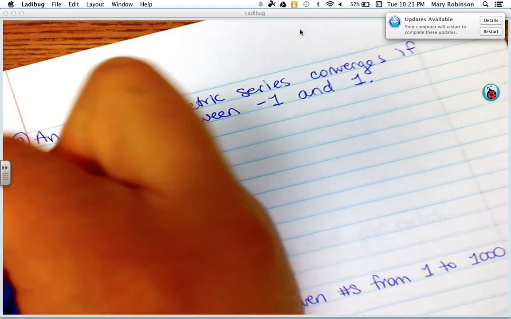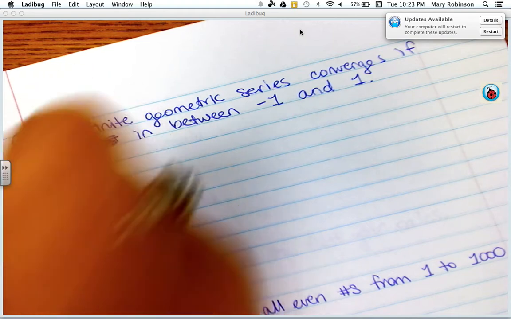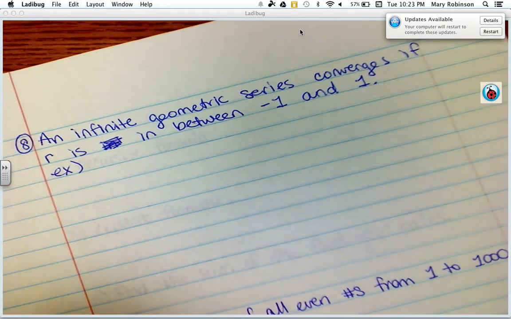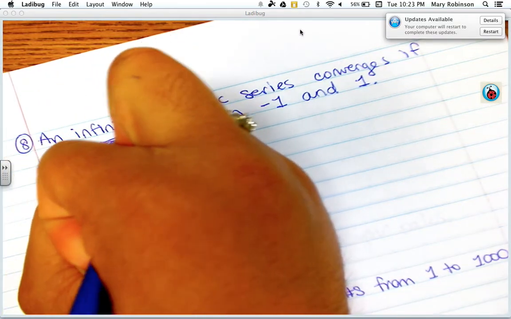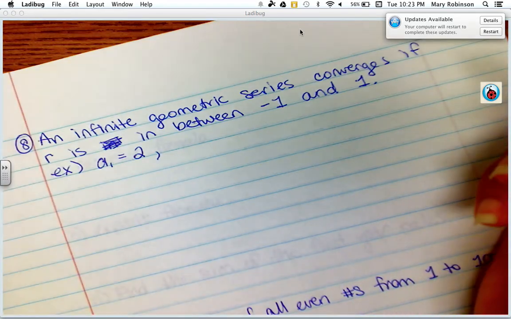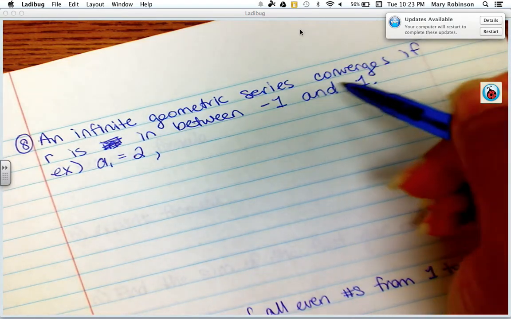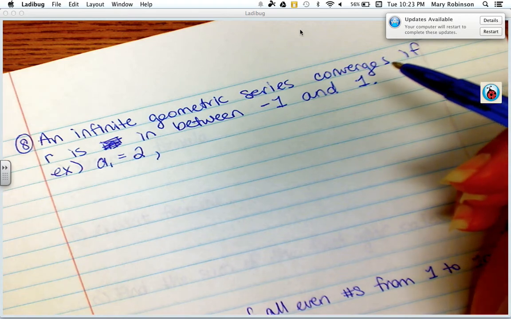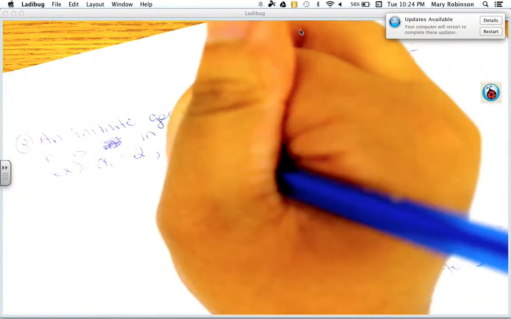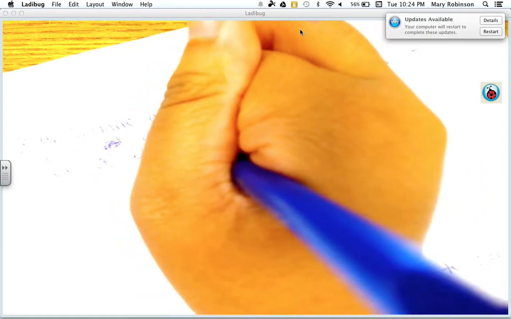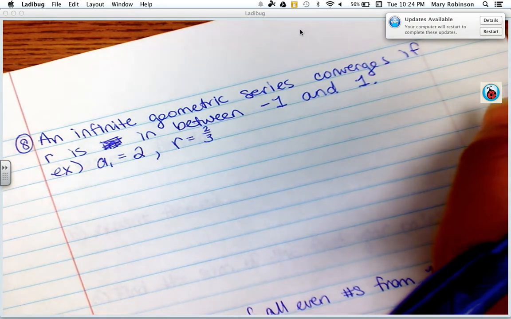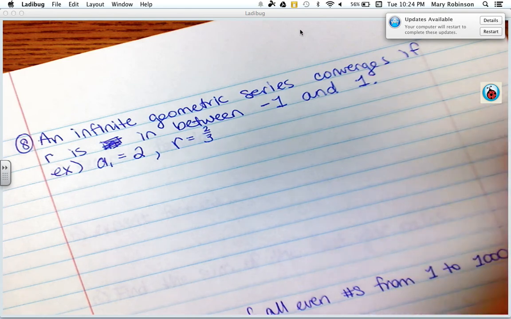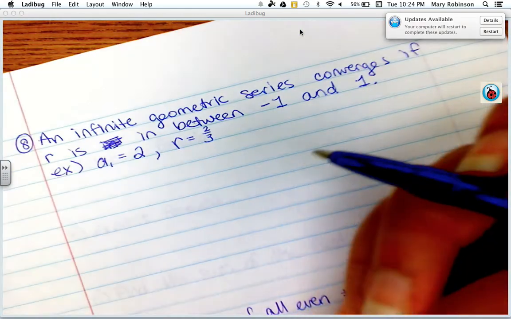Alright, so example. So let's say we have our first term, so a sub 1 is 2, and we need to have an r value that is in between negative 1 and 1, so you could pick anything that's in between negative 1 and 1. I'm going to pick 2/3. So I'll write this in summation notation.